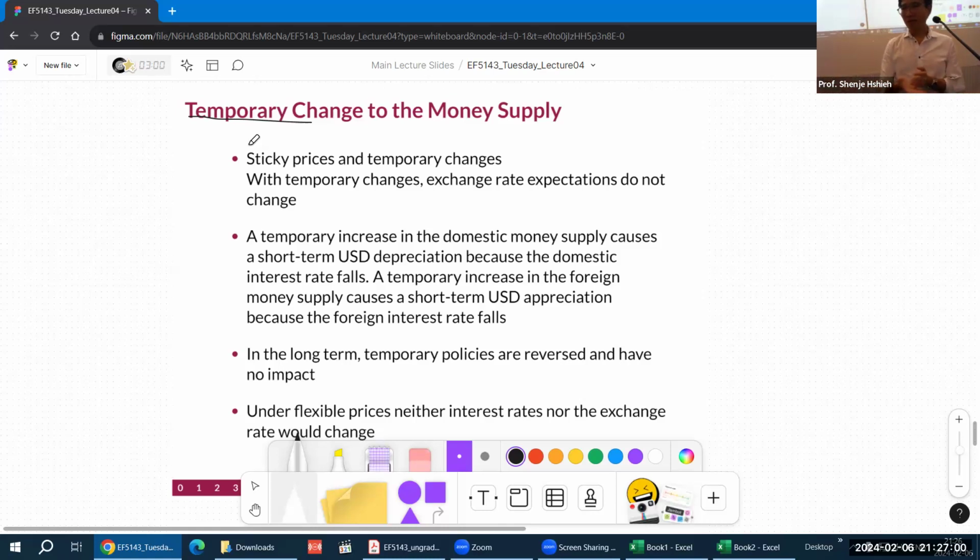The difference between short term and long term is determined based on how prices respond, and also expectations. If things change forever in the short term and persist in the long term, then something has to change in expectations. Exchange rate expectations do not change, as I highlighted with the temporary case, because they will be undone before we get to the long term.